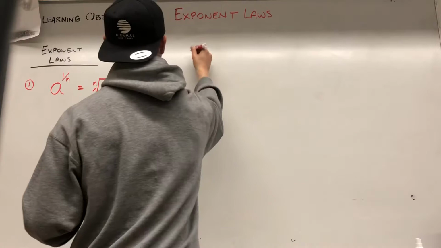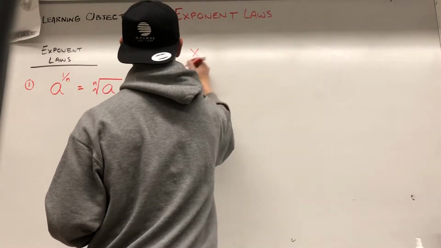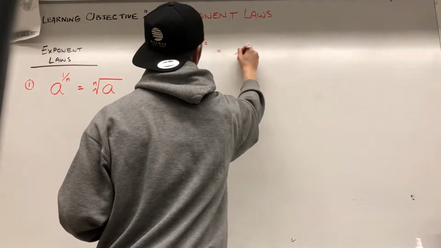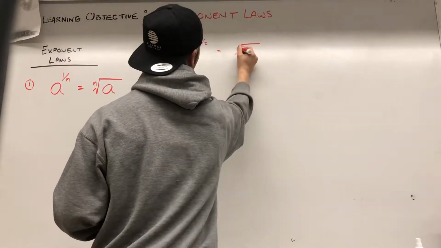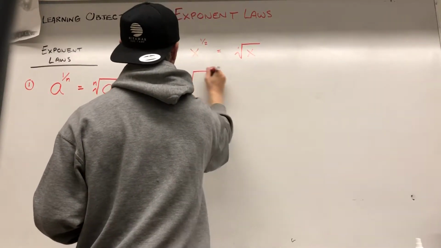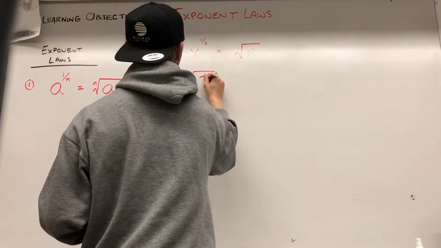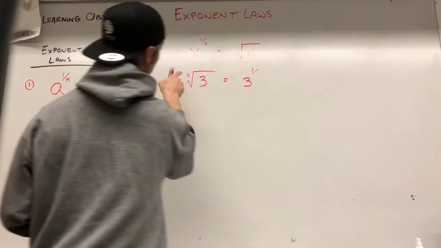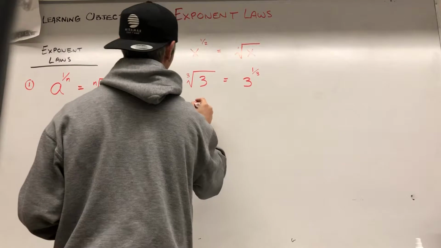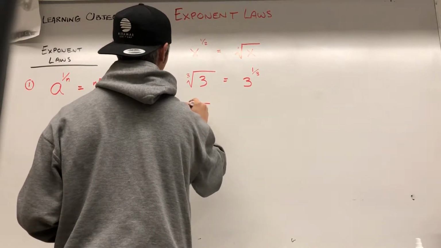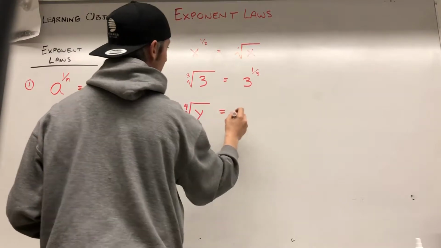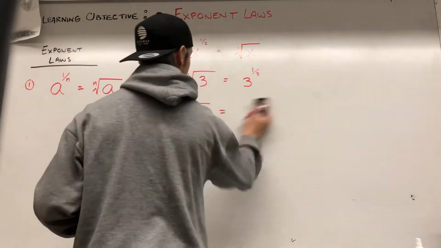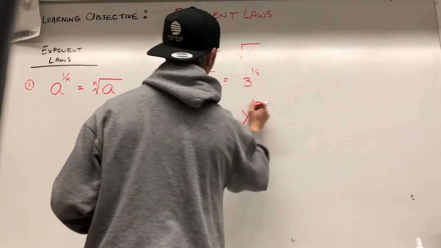Well, that means that if I have x to the power of 1/2, that's the same as the square root of x, because there's an invisible 2 there. If I have the cube root of 3, that's the same as writing 3 to the power of 1 over 3. If I have the 4th root of y, that's the same as writing y to the power of 1 over 4.